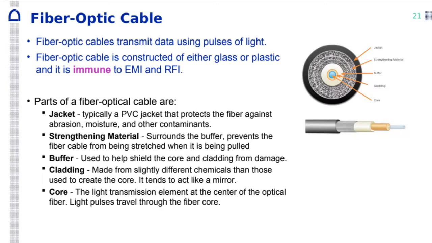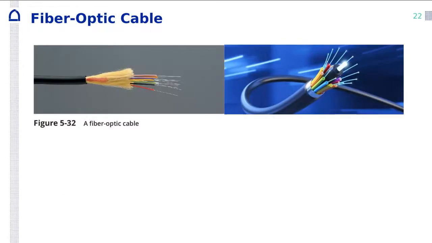It's made from slightly different chemicals than those used to create the core. That's why it's called cladding, like in your mirror. In the mirror, on one side there is painting or cladding. Otherwise, it will not reflect. It will become just see-through glass. Then we have the core. This is a fiber optic cable.